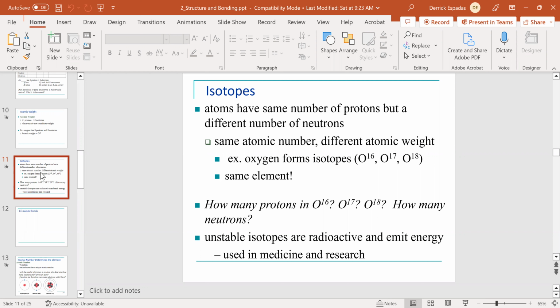And we just discussed that it's 8. O17, how many neutrons? It's always going to have the same amount of protons, so that means it's the difference between the neutrons. And so unstable isotopes are radioactive and emit energy. And so a lot of times in history, and I believe that one of the videos talks about that, people who've discovered these elements have died prematurely, shall we say.